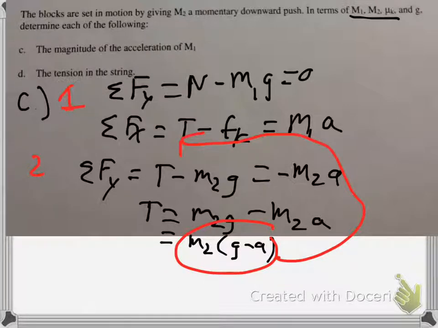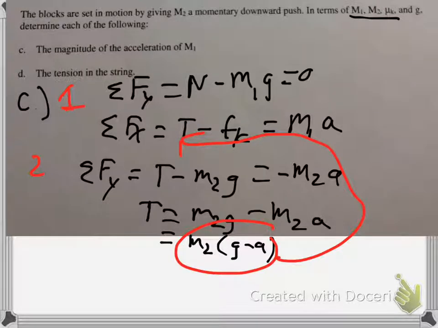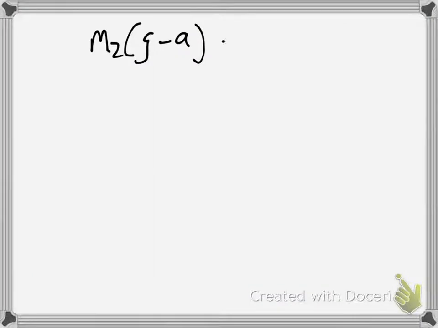So if I input this over here, then I get m2g minus a, minus our friction force, set equal to m1a.